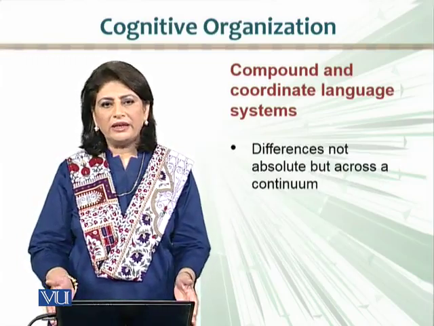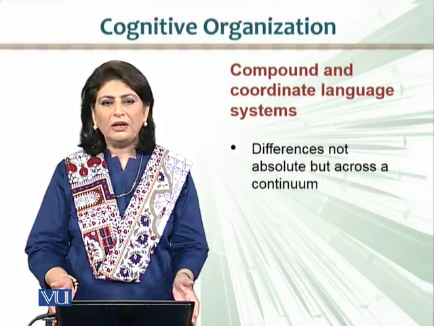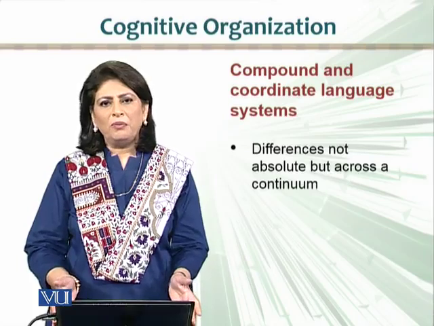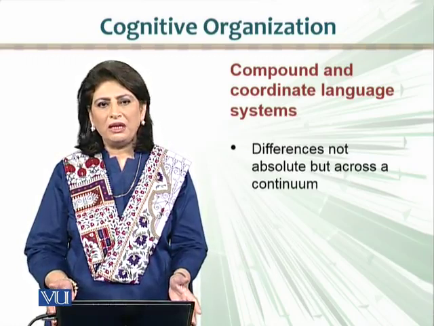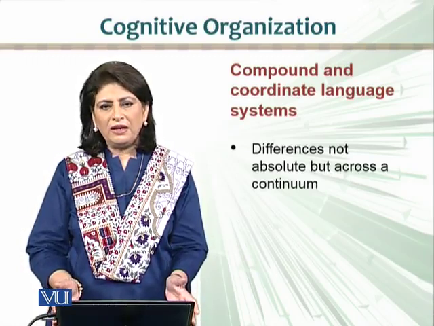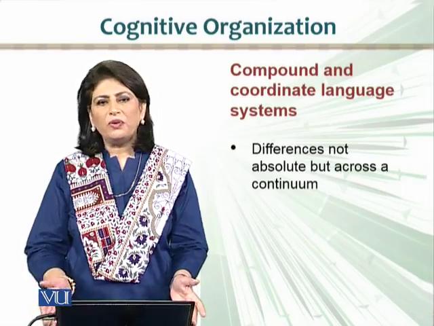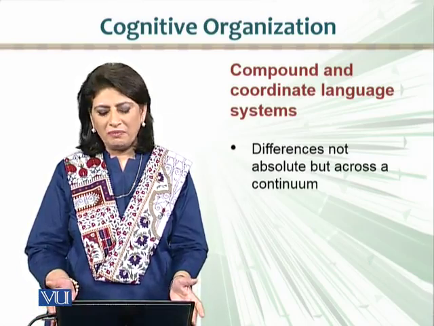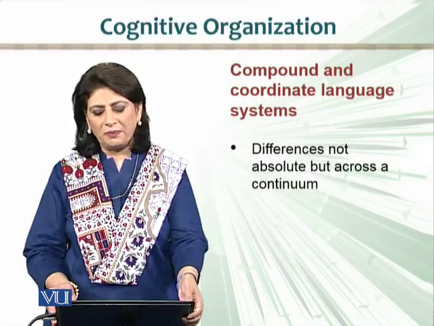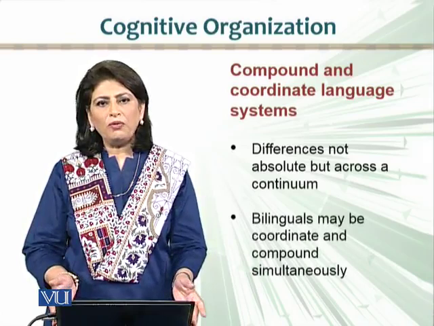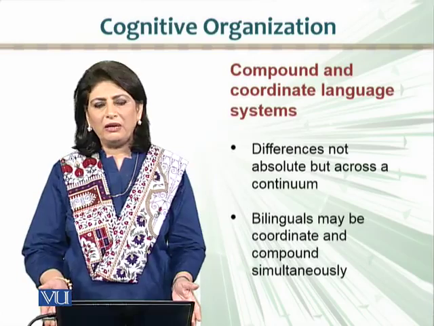Now, having said that, we need to understand that these differences are not absolute, but across a continuum. Now, what do we mean by that? We mean that a person might be lying across a continuum across which he or she might be a compound and coordinate bilingual at the same time. So a person can be more of a compound bilingual or more of a coordinate bilingual.